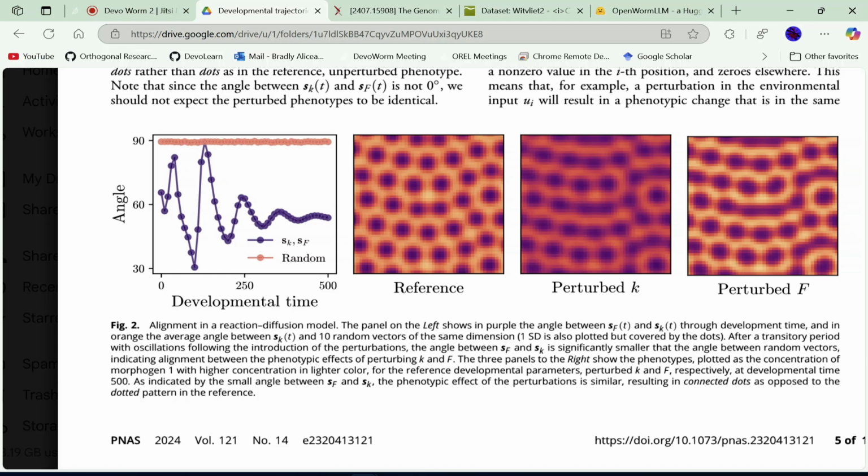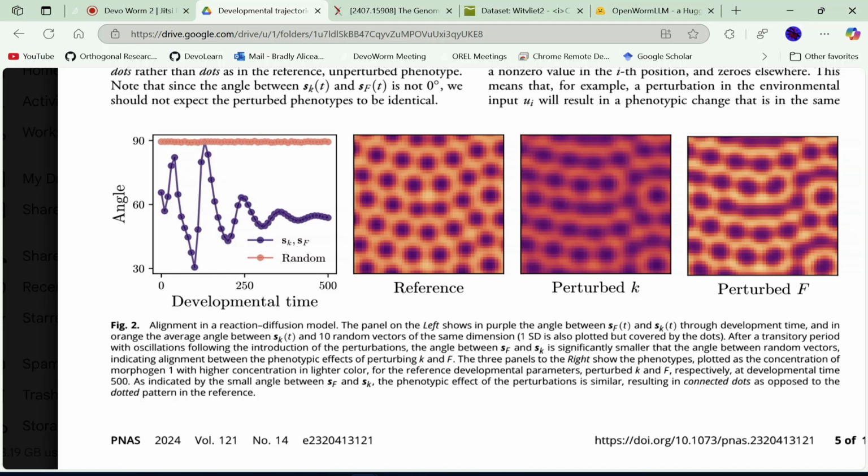So sometimes you see some connections, sometimes you don't. I mean, this one here doesn't look connected. This one here doesn't look connected, but you get this connection. And then in perturbed F, you get more connection. It looks kind of blurry in K, more blurry in K than F. But basically, you get these connected dots as opposed to the dots in the random pattern.